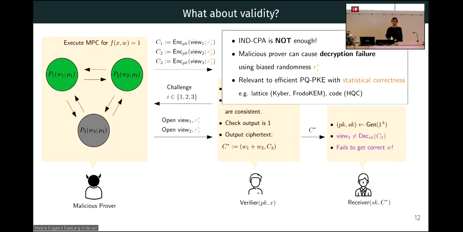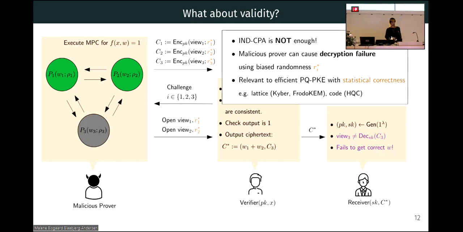Here, the prover is malicious, so there's no guarantee that the prover samples the randomness from the right distribution. The prover could potentially play with the distribution of the randomness in such a way that a decryption failure is caused for some ciphertext.